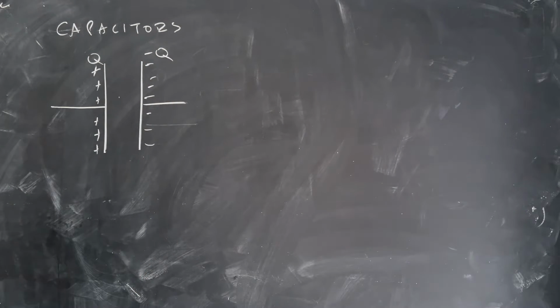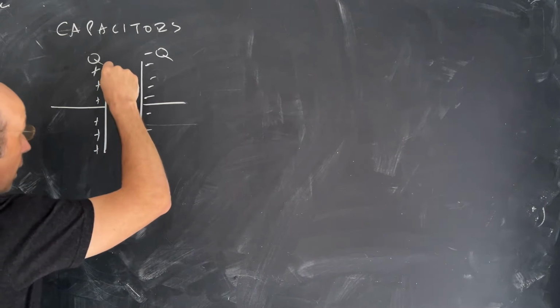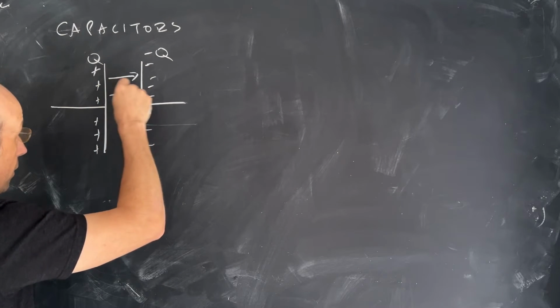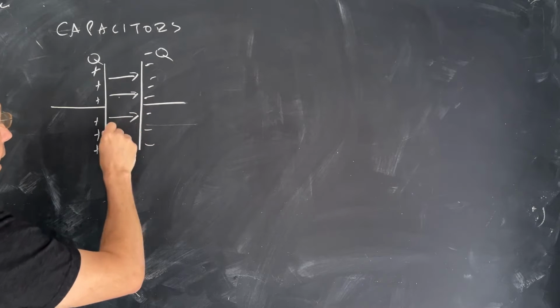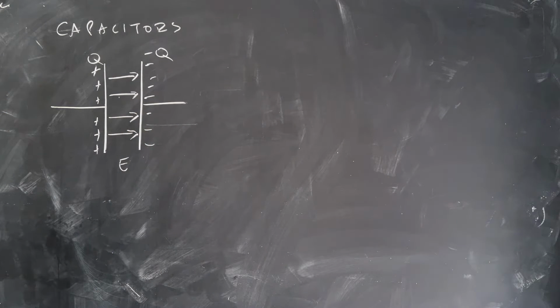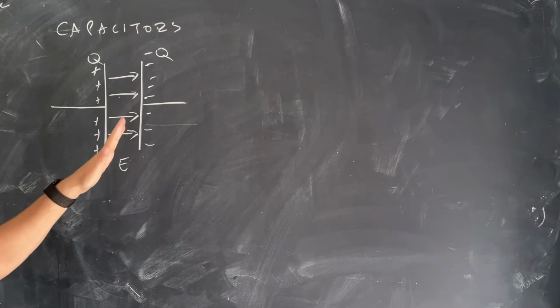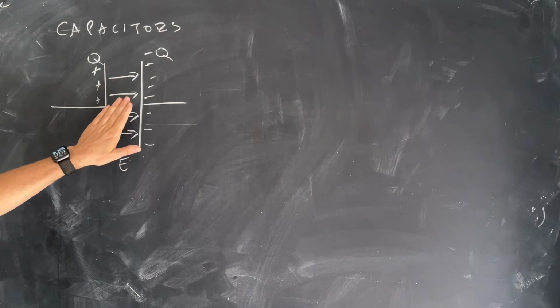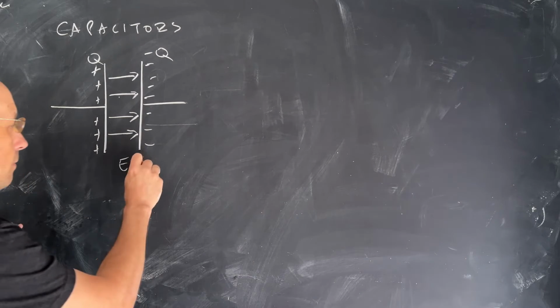When this happens, we create an electric field in the interior of the capacitor. And what's really nice about a parallel plate capacitor is that this electric field is fairly constant.